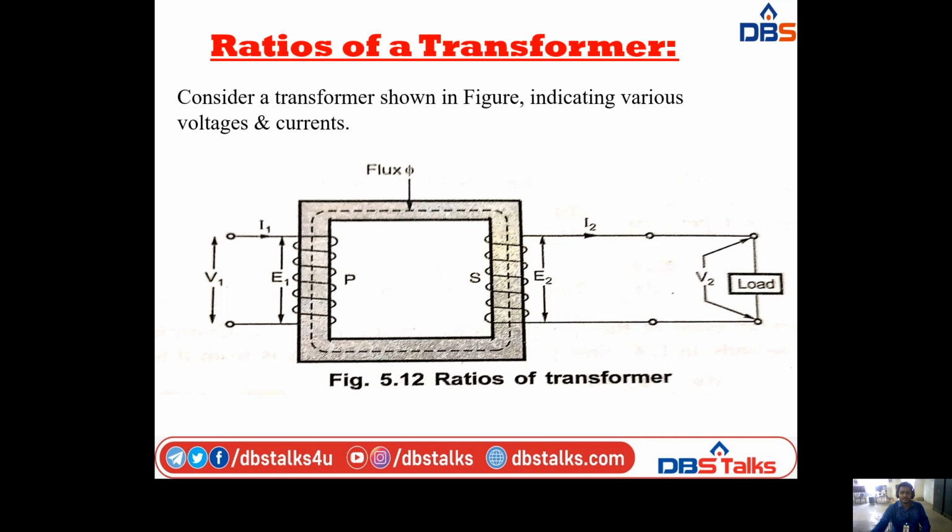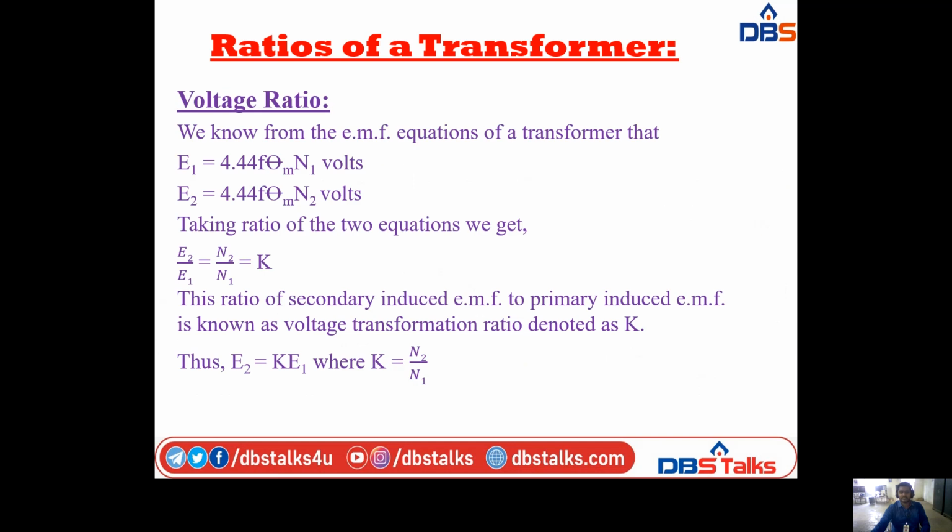Coming to the voltage ratio of a transformer, we know from the EMF equations that E1 is equal to 4.44 into F into Φm into N1 volts, and E2 is equal to 4.44 into F into Φm into N2 volts. This is for primary and secondary.